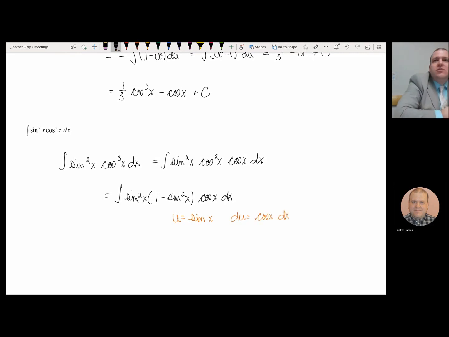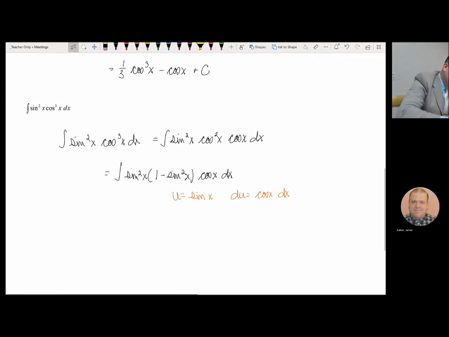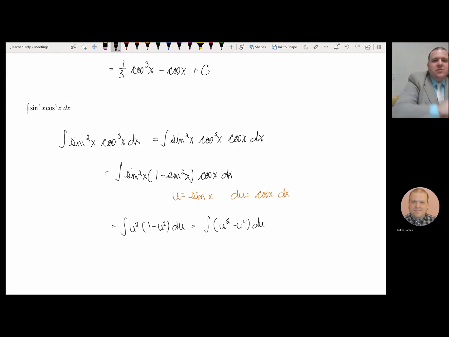Now, do u sub, let u be sine. This antiderivative becomes what? u squared times the quantity of 1 minus u squared. Distribute the u squared through. Now that's just a simple power rule and difference rule.